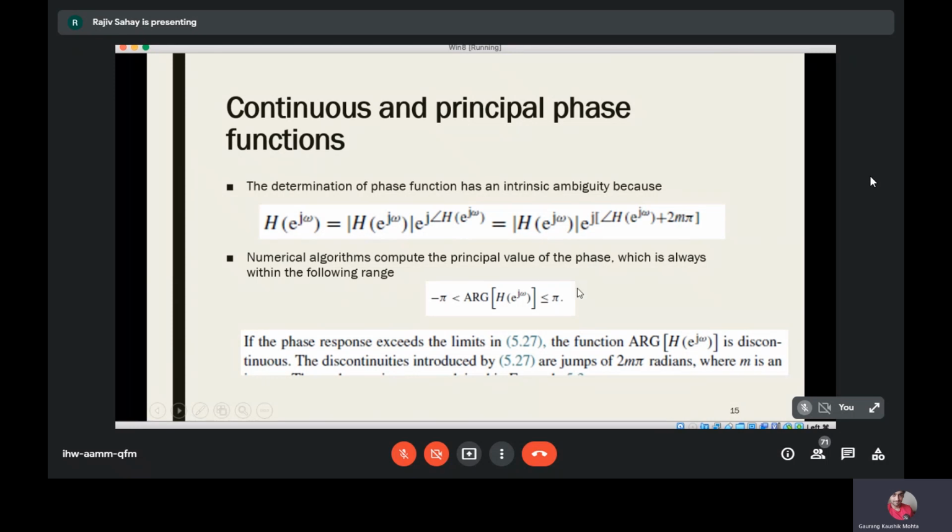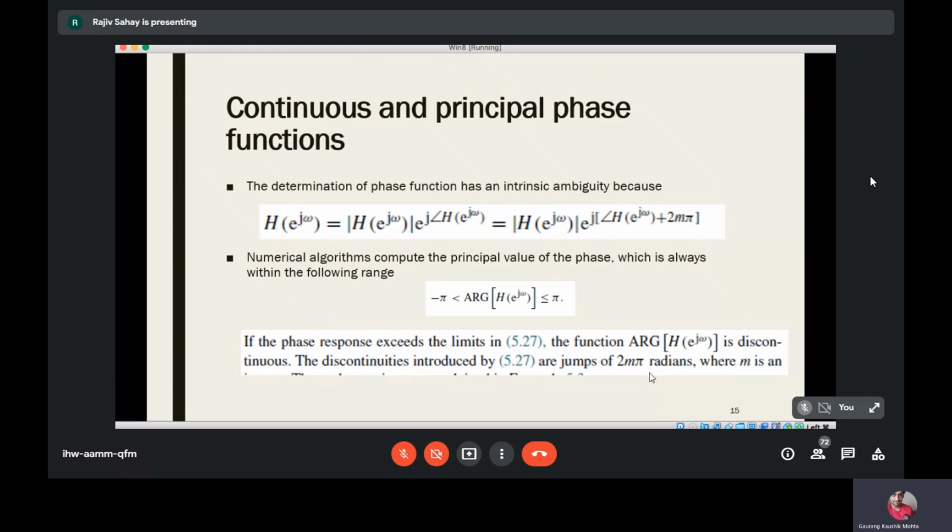From pi to 3 pi, the phase is getting added, there will be a discontinuity, and the same graph will repeat. If you unwrap the paper, you will see the same plot, but there is a discontinuity at pi and minus pi, and that discontinuity value is 2n pi. That is called phase unwrapping.